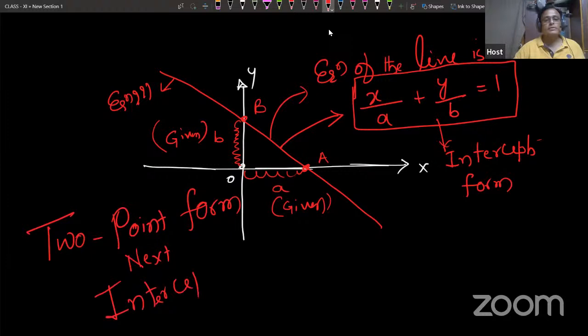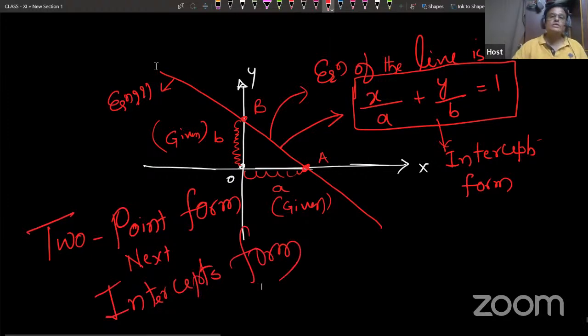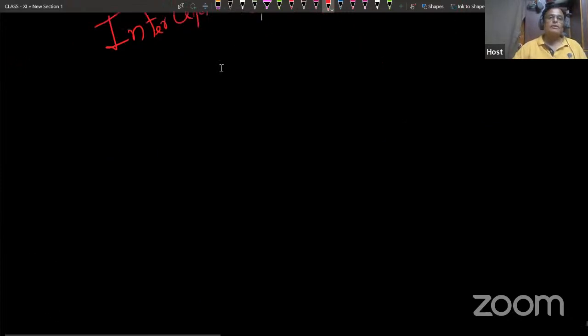Intercepts form. So what is the 2-point form? First let me explain the 2-point form, what this form is. Now look at it. We have already studied this.